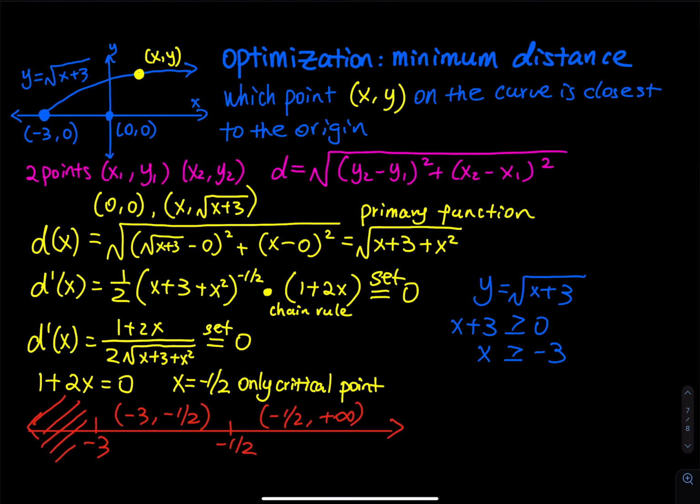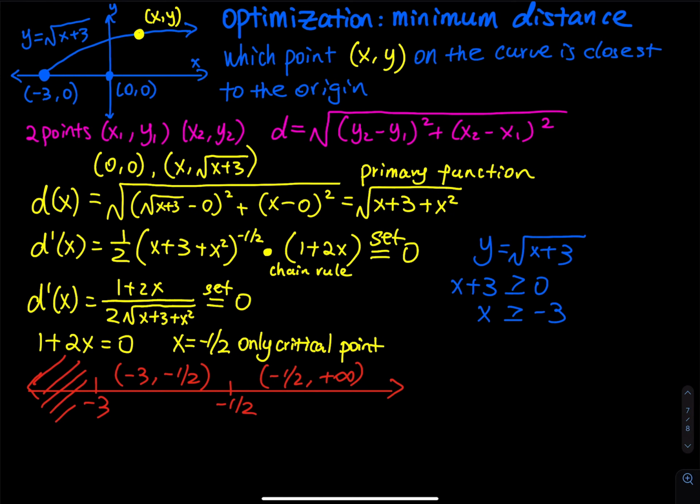The positive infinity doesn't change the game. So for this one, pick something easy. I will just pick x equals 0 as the test value. For the other interval, pick x equals -1. This is x equals -0.5, so -1 is between them.